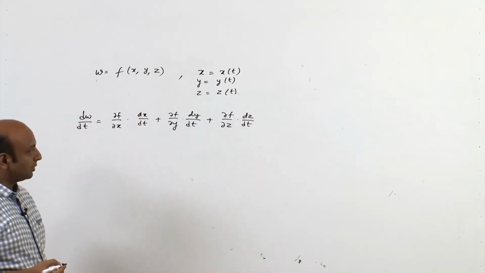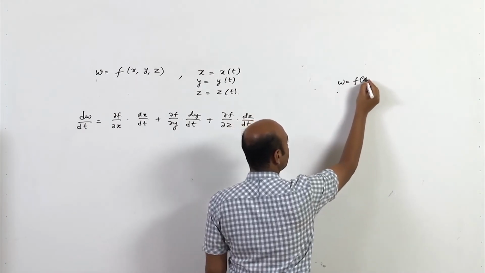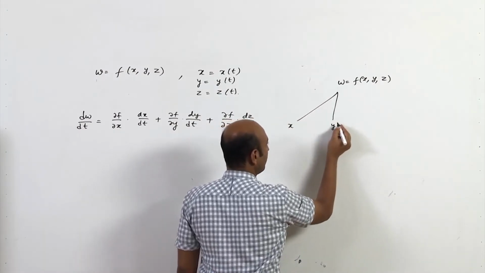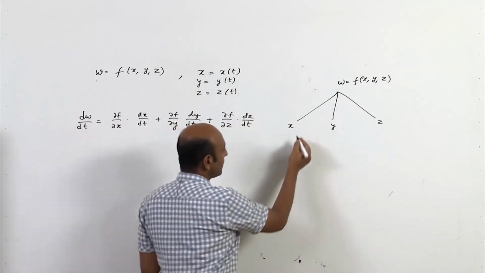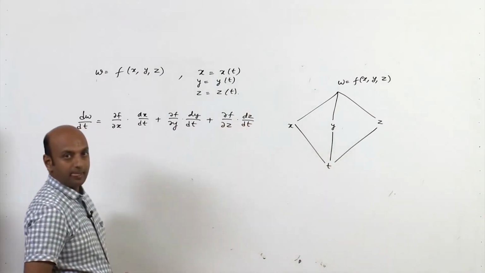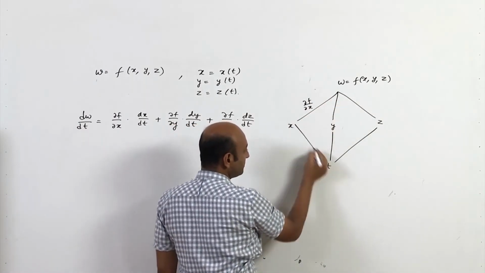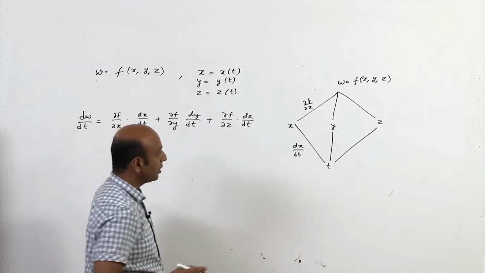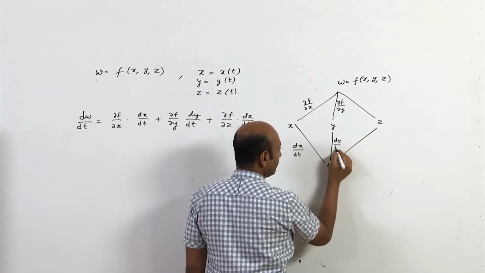This is by the chain rule, and by the tree diagram also we can see this. Here w is a function of x, y, z, and x, y, z each is a function of t. From this branch it is del f by del x, and from this branch it is dx by dt, because only one unknown is there. It is del f by del y, and dy by dt.